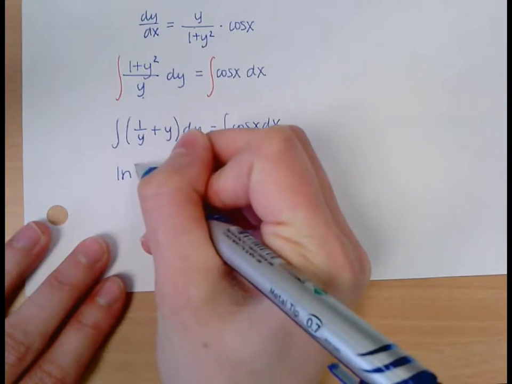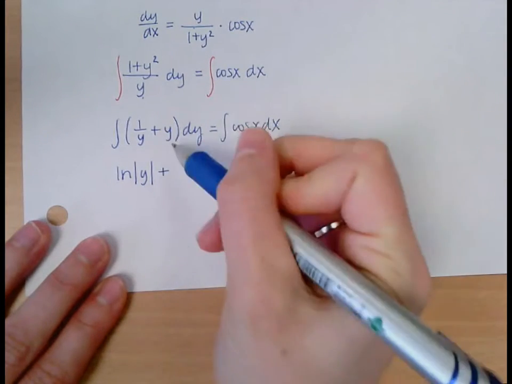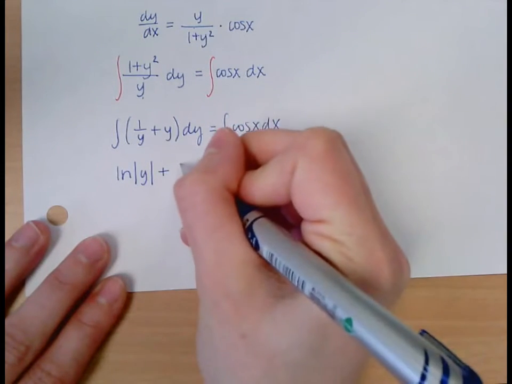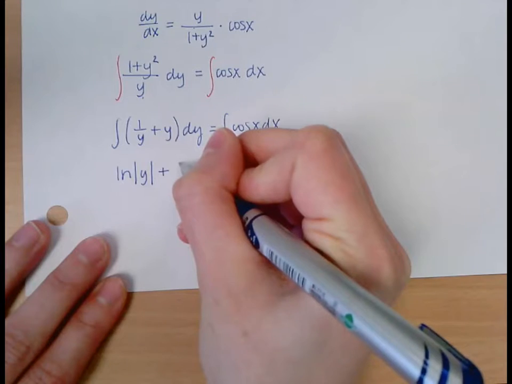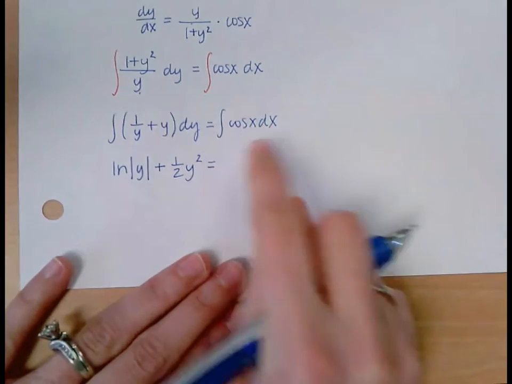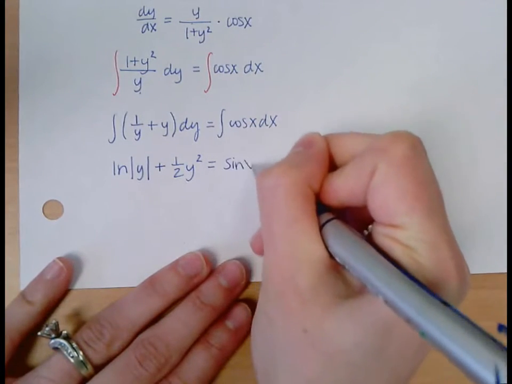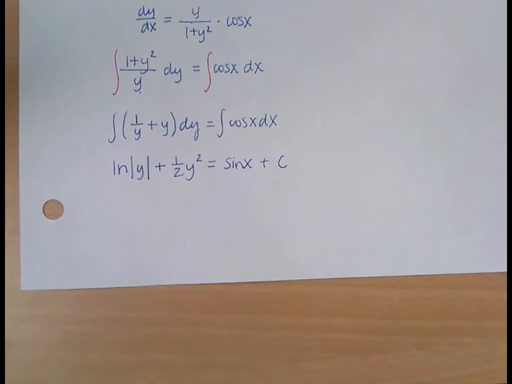Natural log of absolute value of y. And then antiderivative of y, 1/2 y squared equals antiderivative of cosine of x, sine of x, and then don't forget your plus c here.